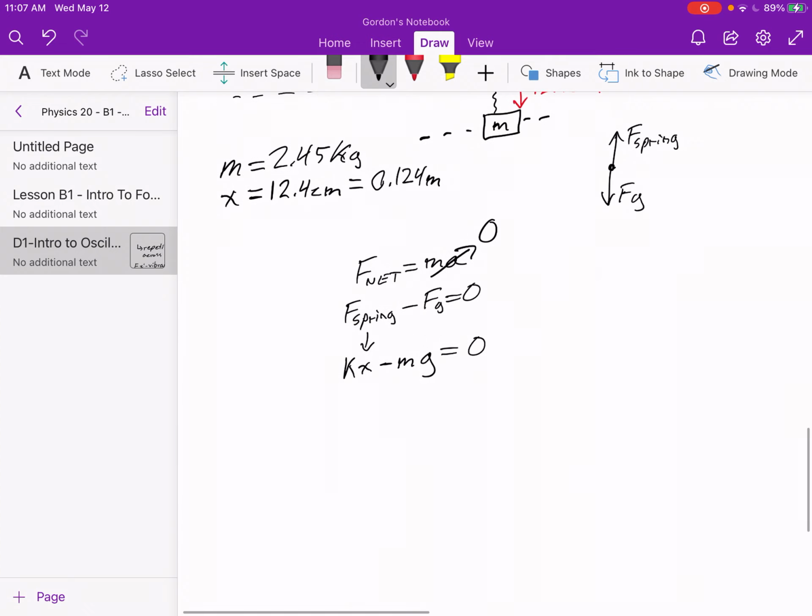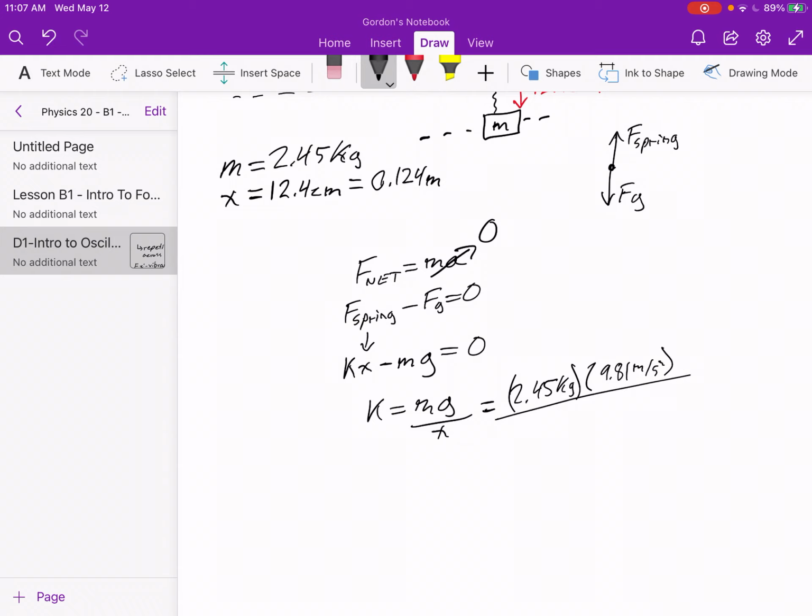So really all we have to do here is solve for k: mass times gravity divided by the length that it has stretched, 2.45 kilograms, multiplied by 9.81 meters per second squared, divided by 0.124 meters, and we find that our k value here, our stiffness, is 194 newtons per meter.